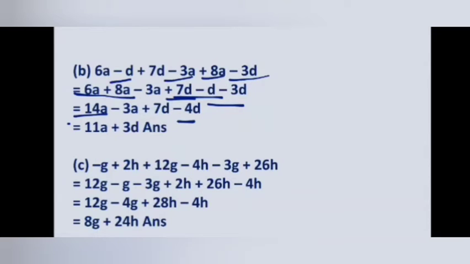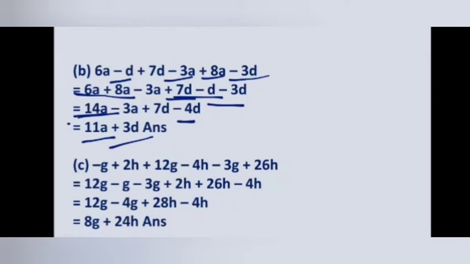Let's continue. 14a minus 3a gives us 11a. Then 7d minus 4d gives us 3d. You can see that they're unlike terms, so you can't add unlike terms together. Just leave it like that. That's the answer.